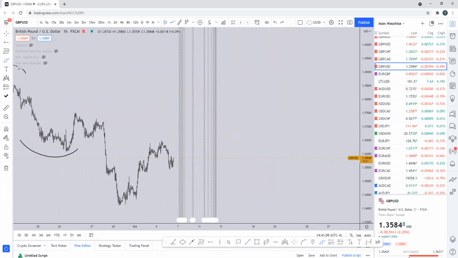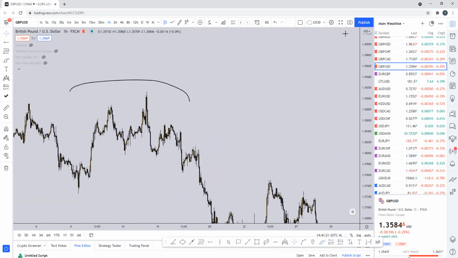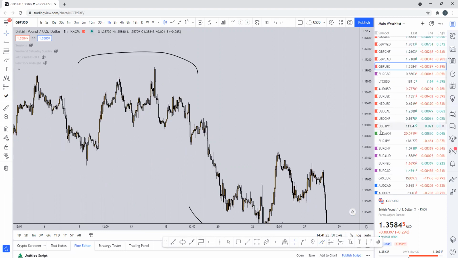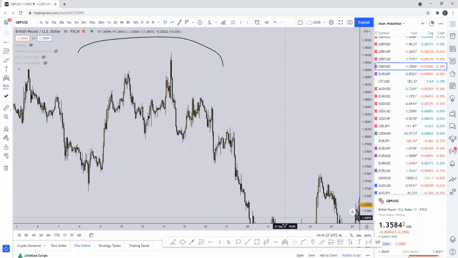I hope that makes sense to you all. So here we go again. Let's talk about the inner structure. When looking at inner structure, you're looking at highs and lows being made, right? And inside your inner structure, you will have the same thing.